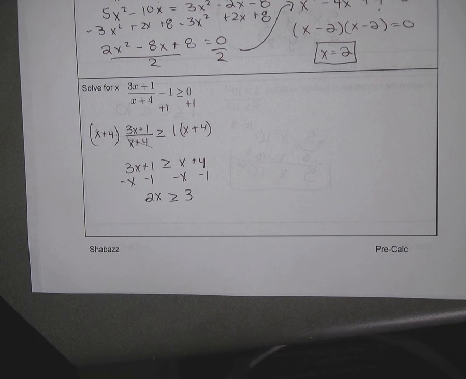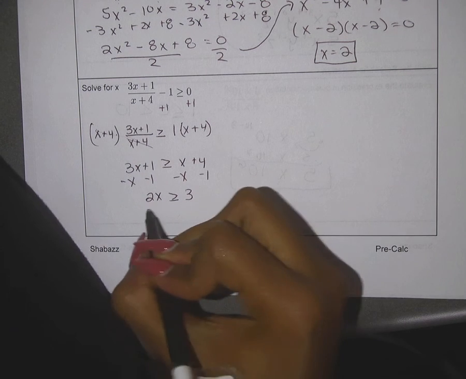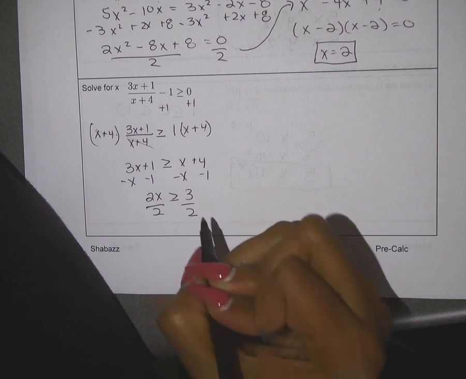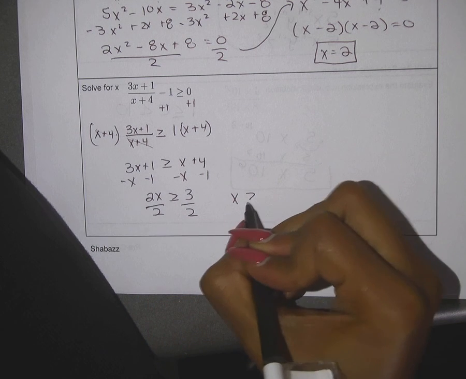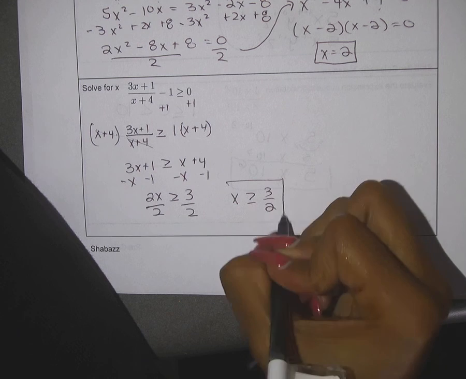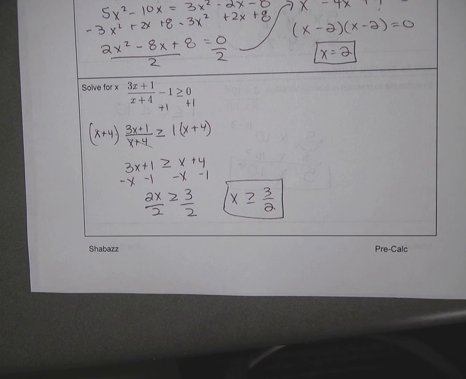Not yet, because I want to get x by itself. So what's my last step? Divide by 2. Exactly. You got it. Okay, that just looks very weird.